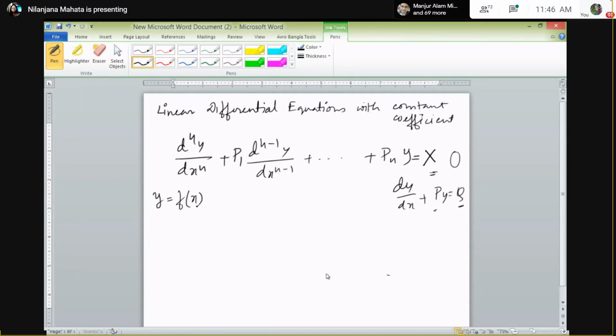Okay, suppose y. Obviously, there is only one independent variable, so any kind of solution will be in terms of x only.